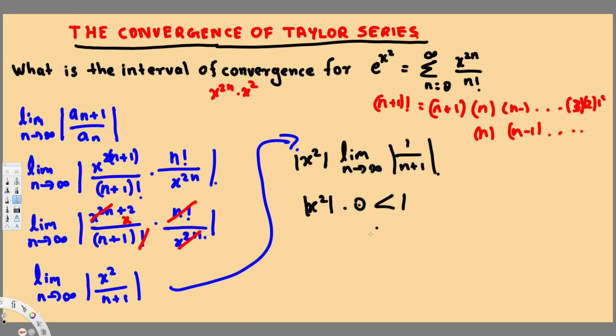So that's going to be less than 1. So the interval of convergence is going to be negative infinity to positive infinity, because you can apply any number to get 0. That's our interval of convergence, and that's how we do this kind of problem.